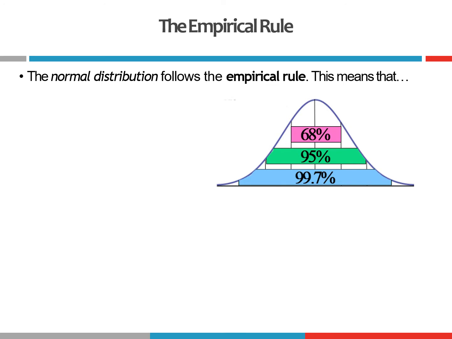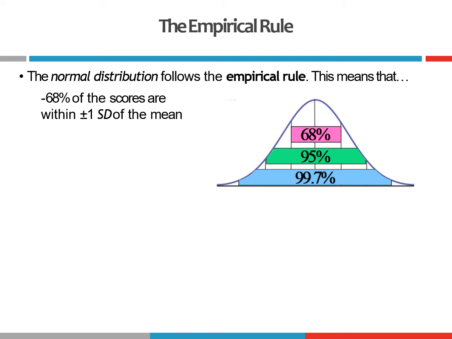So anytime you have a data set or a variable that you're measuring that follows what's called a normal distribution, that distribution is going to follow something called the empirical rule, right? So essentially what that means is that most of the scores in your distribution are going to fall somewhere in the middle, kind of meaty part of the curve.